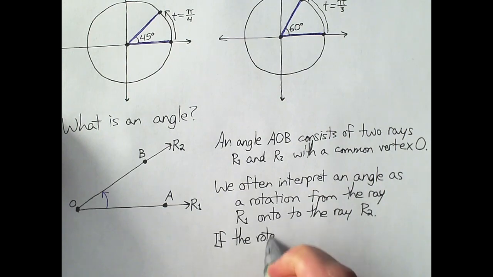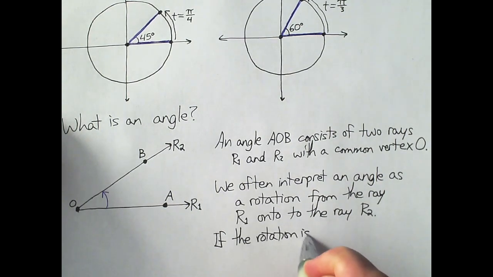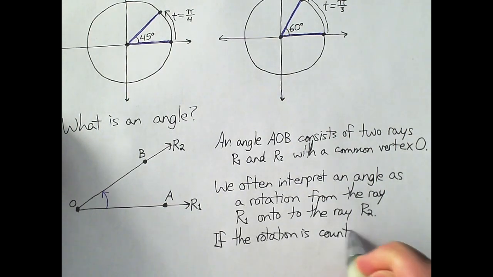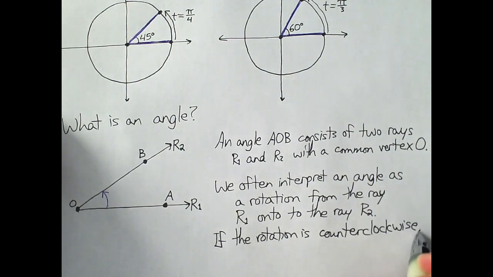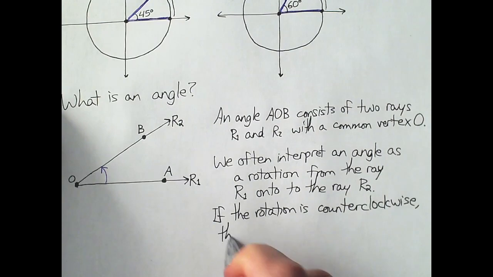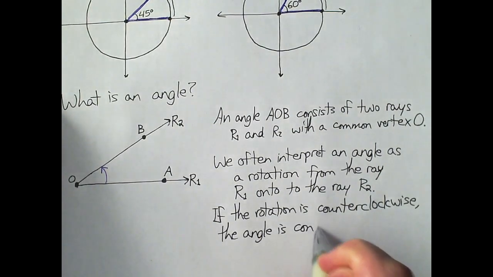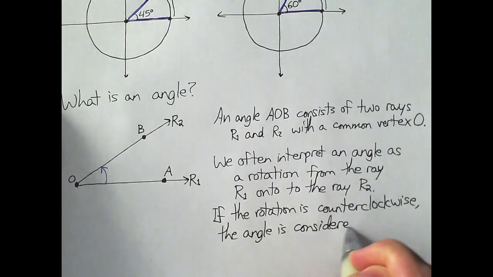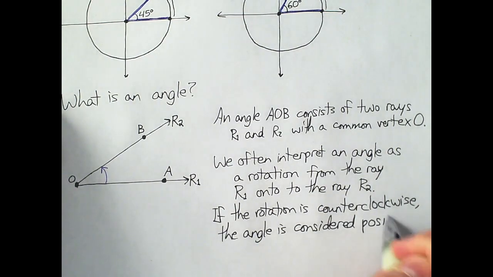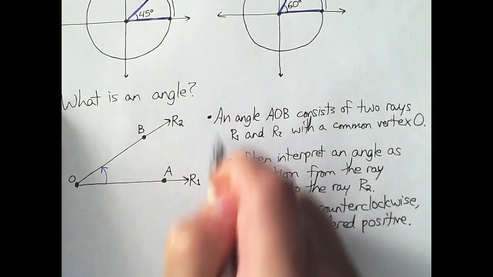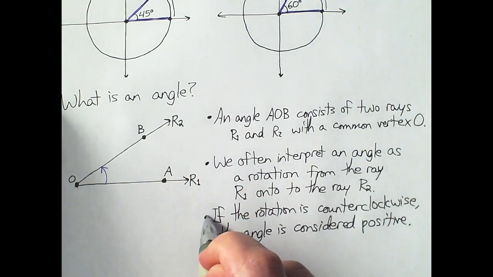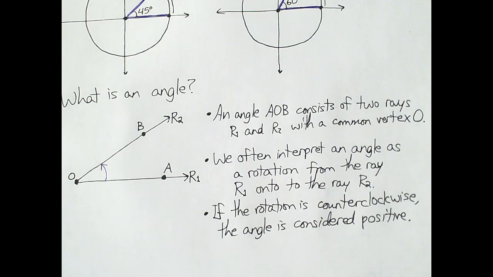If the rotation is counterclockwise, as we've been doing, the angle is considered positive. Okay, kind of like the t values that we've been talking about. When we go counterclockwise, we say it's a positive t value.